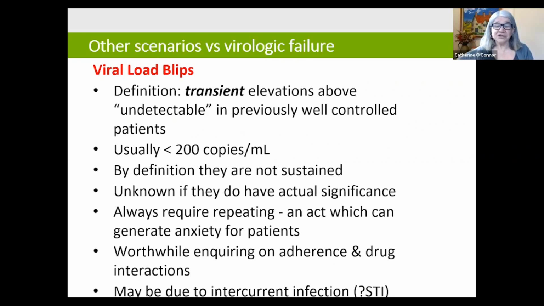By definition, it's not sustained, so you see it in one test, and then the next test you go back to undetectable. We don't really understand the actual significance, but it always requires repeating if people have had a low-grade viremia. And it obviously can generate a lot of anxiety in our patients.